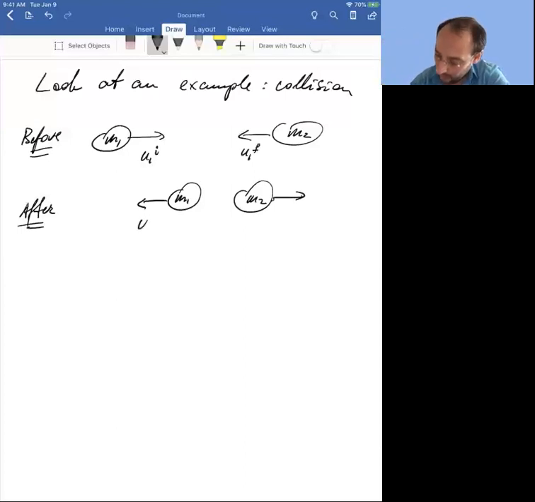So this one will have u1 final, this has u2, this should say u2 final. In this case I caught my slip of the tongue or a little typo, things like that happen all the time, but I'm trying to catch them. So after the collision we have m1 moving with u1 final, and m2 moving with u2 final.